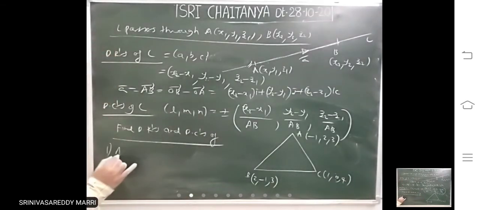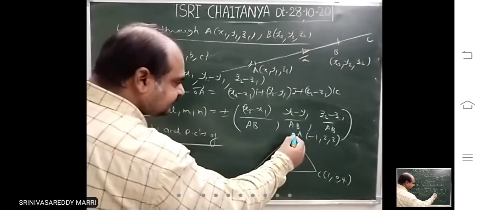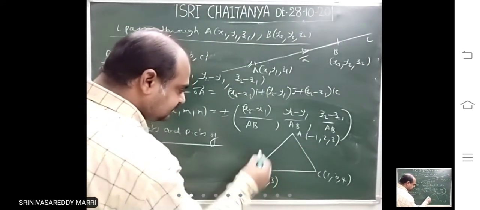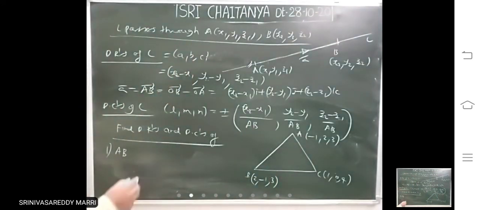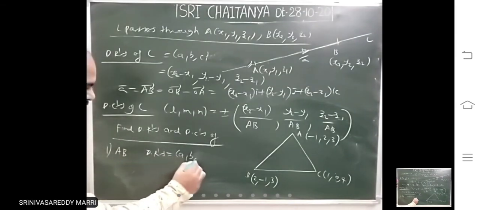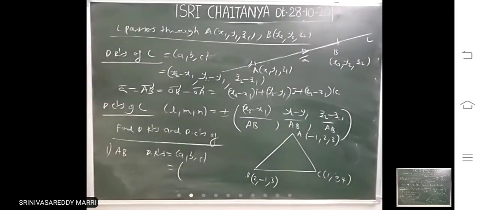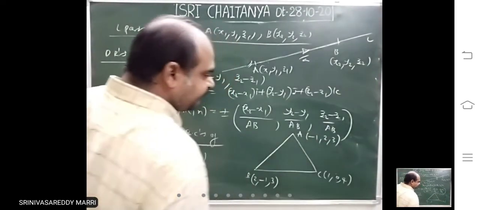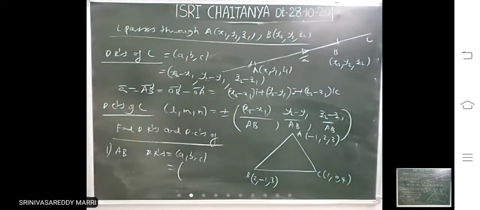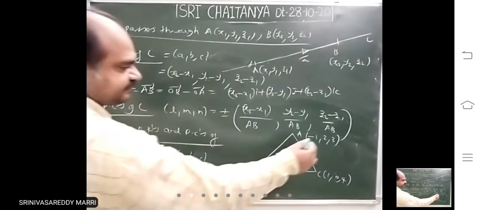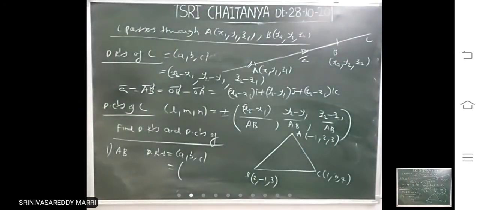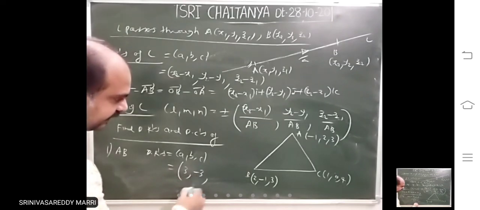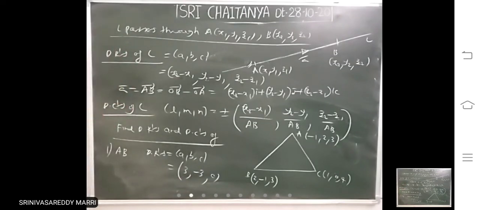The line AB has 2 points. So first I am calculating DRs. One point you take x1, y1, z1, another point x2, y2, z2. Anything you can take. So x2 minus x1 is 3, y2 minus y1 is minus 3, z2 minus z1 is 0.